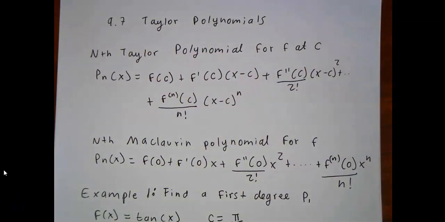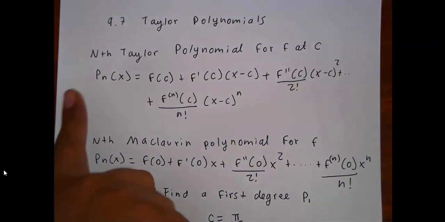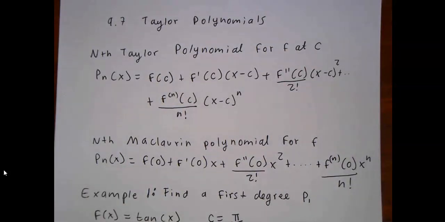9.7, Taylor's polynomials. There are two definitions on this one. We have the nth Taylor polynomial for f at c.